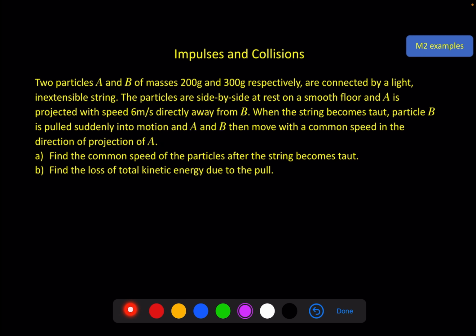Next example. Two particles A and B of masses 200 and 300 grams respectively. Be careful, 200 grams, change that into kilograms straight away. We've got 0.2 kilograms, 0.3 kilograms. They are connected by a light inextensible string. The particles are side by side at rest on a smooth floor.